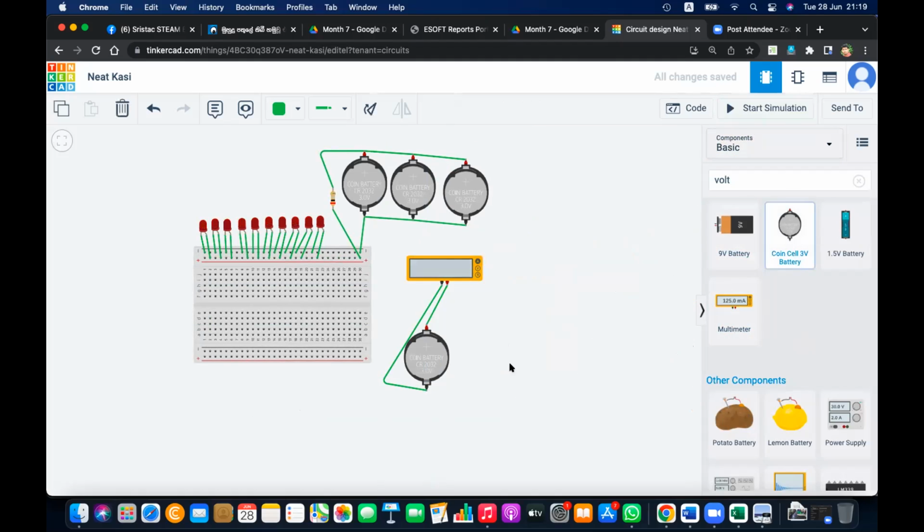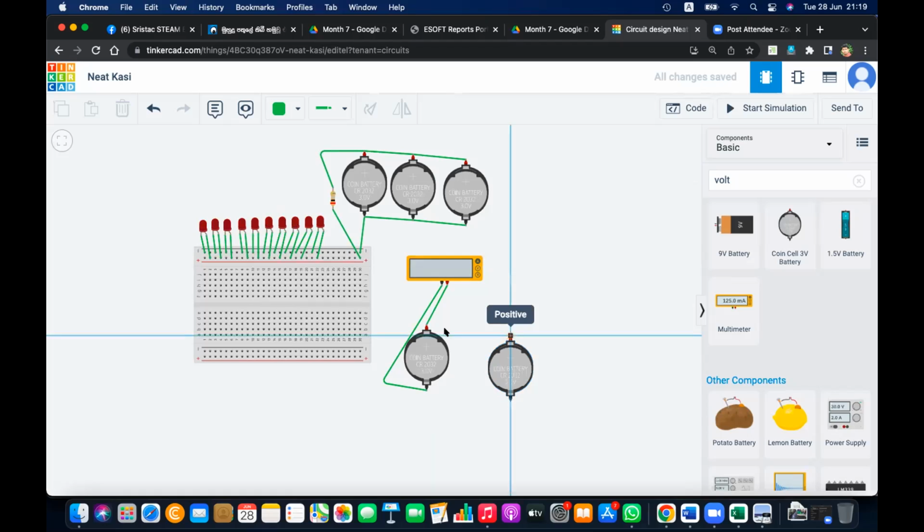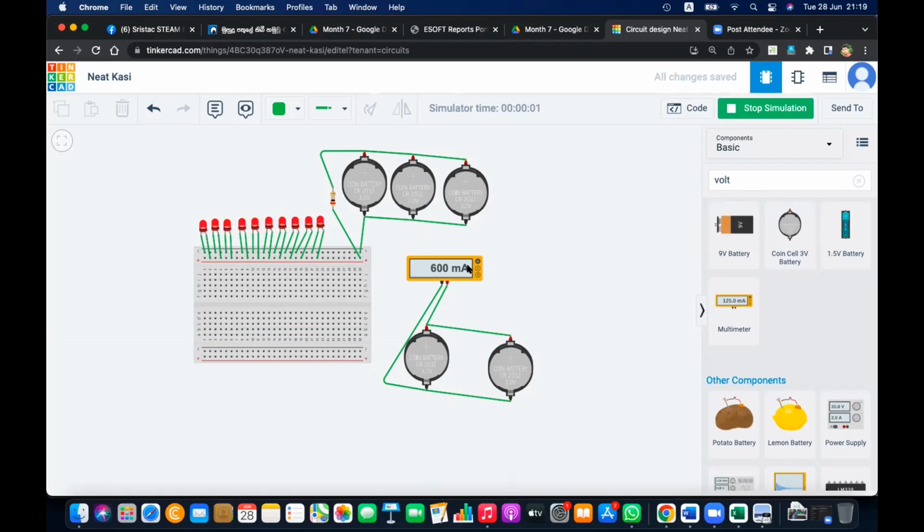So let's add another coin cell battery and parallel it. The negative edge you need to connect with the negative edge and the positive with the positive. Let's parallel it and run it, and you can see it is 600 milliamperes. The ampere increases when you parallel it.